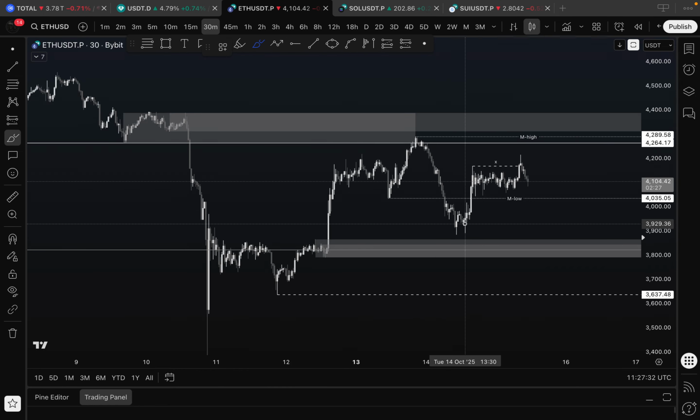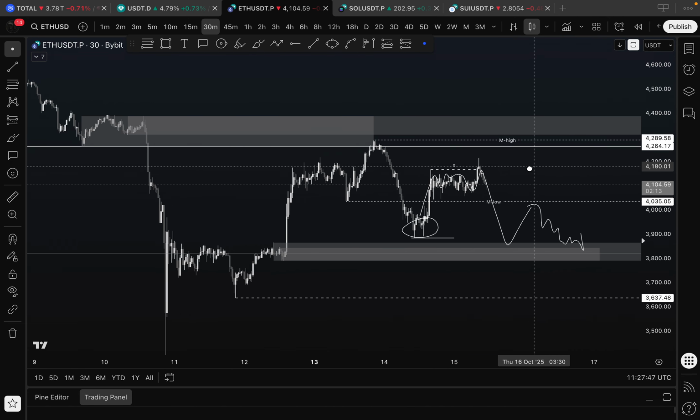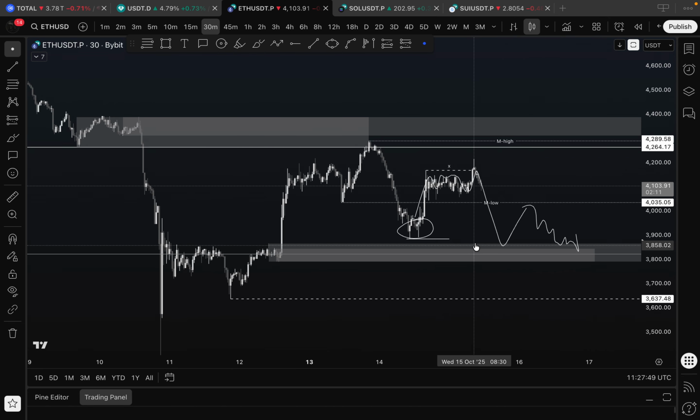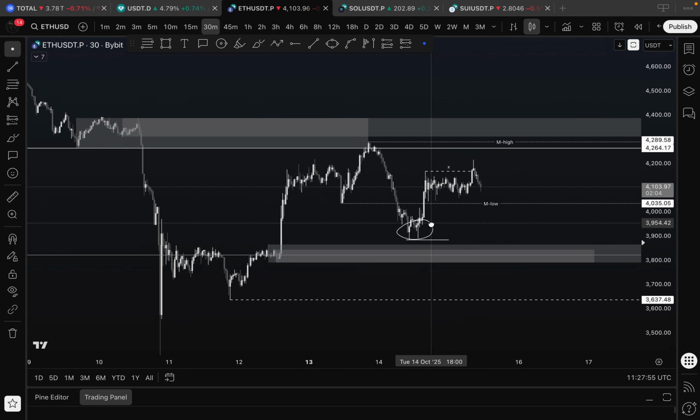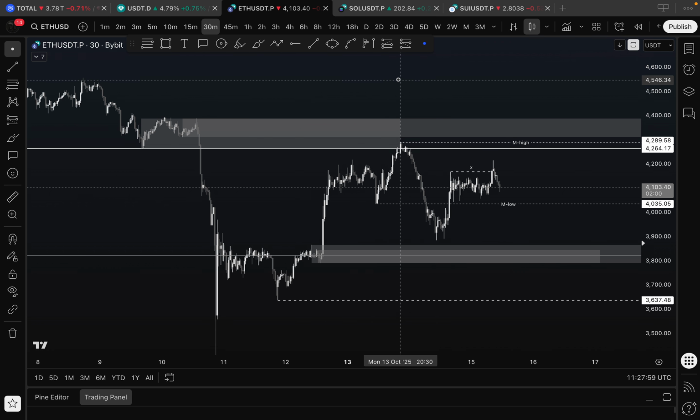Because everyone will try max long right here with their stop below that low. What will price do? Push up a bit. They think, oh, I have a good regional entry. But what will price do? It comes back again, stops them out again. And then as soon as people finally understand that we are in the range and they start longing the range low, that's when we break down or we break out. That's just unfortunately how it works.